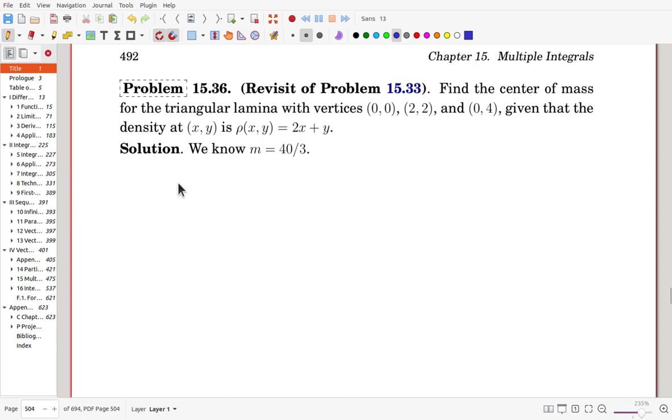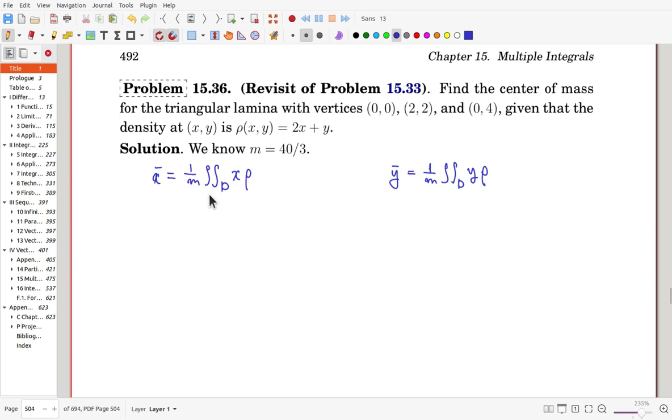Your x bar must be 1 over m double integral over the x rho, and y bar must be 1 over m double integral over the y rho, right? Okay, so let's do it.